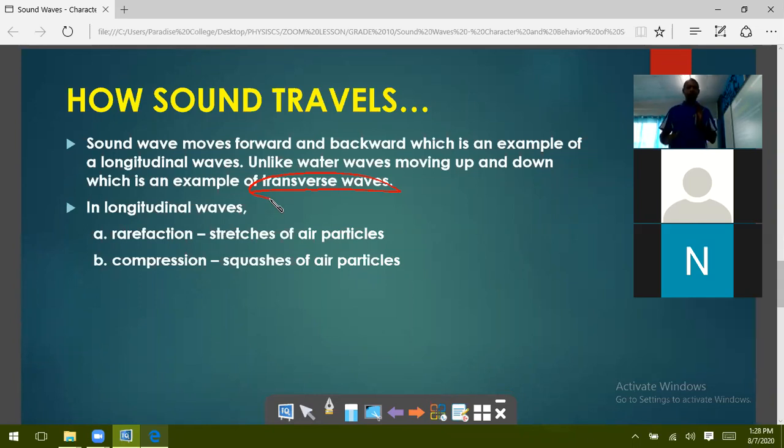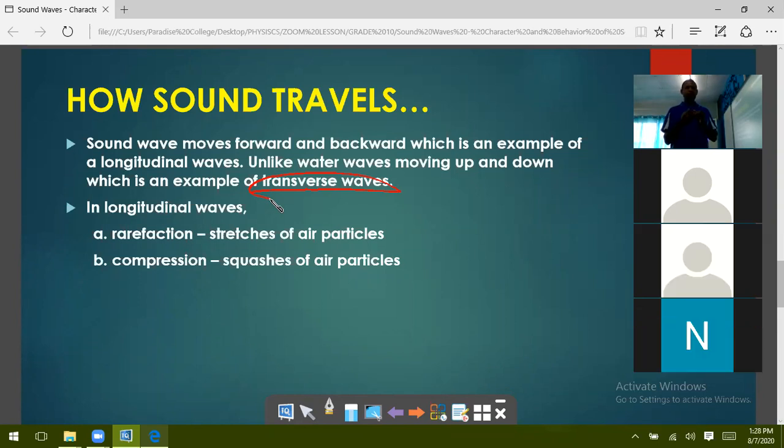In other words, with sound waves, when the particles receive the energy, they move in parallel with the direction of the motion. Sound wave is an example of a longitudinal wave. In longitudinal waves, particles are moving parallel, whereas in transverse waves, particles are moving up and down. What does that mean?